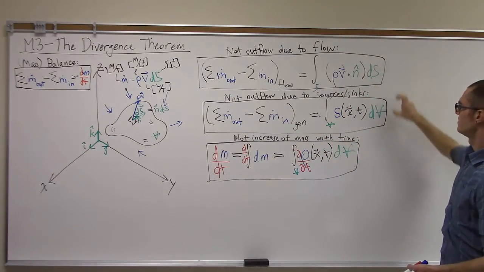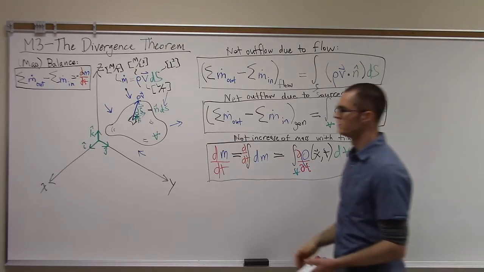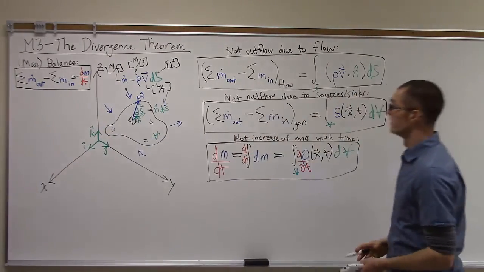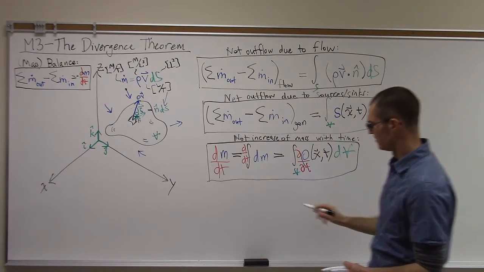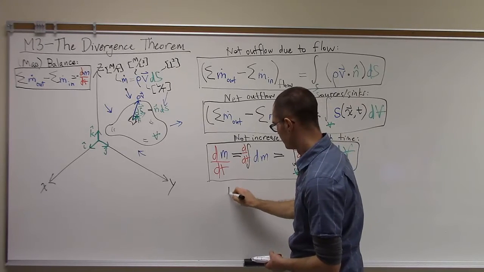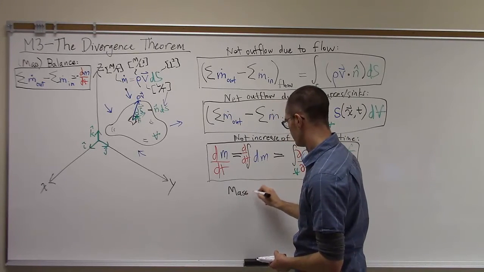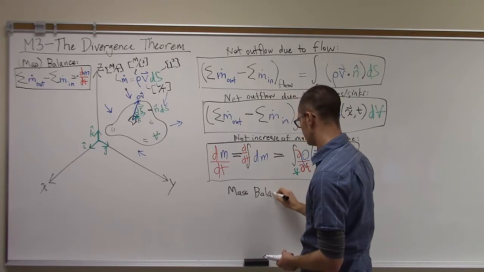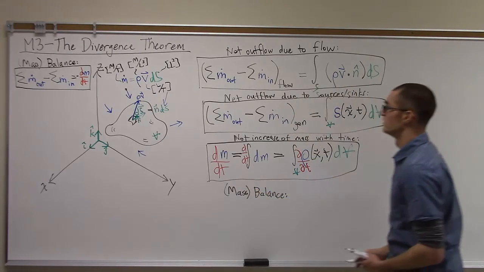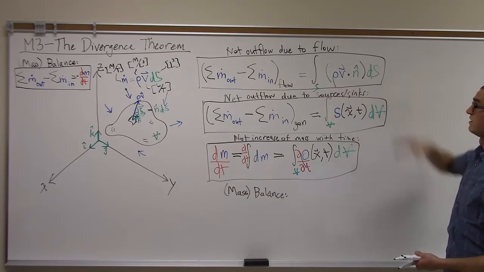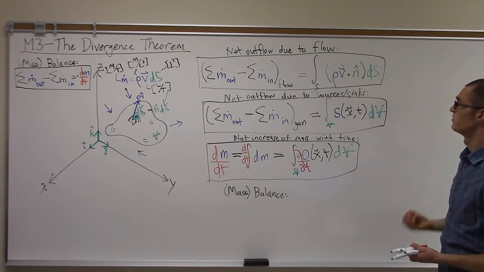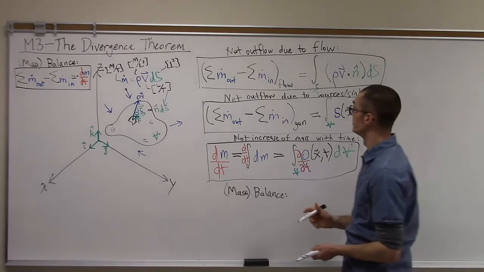So combining these three components, we can rewrite this expression now as the mass balance again. I'll put mass in brackets. So we've got this net outflow due to the actual flow, so the concentration's moving with the fluid.